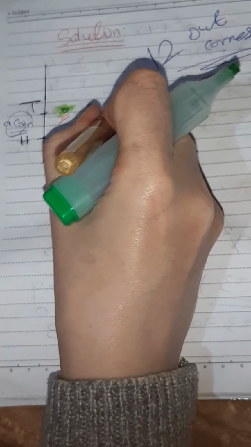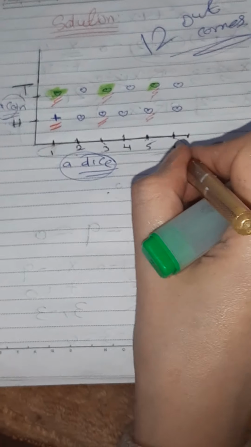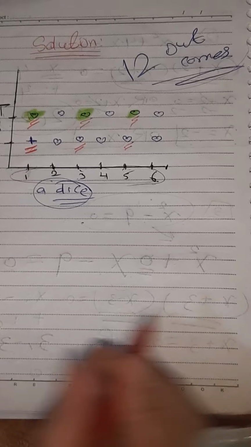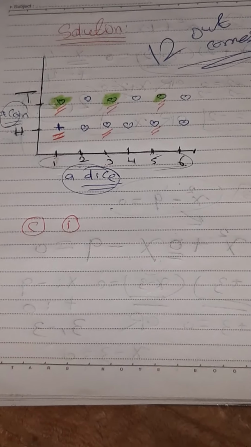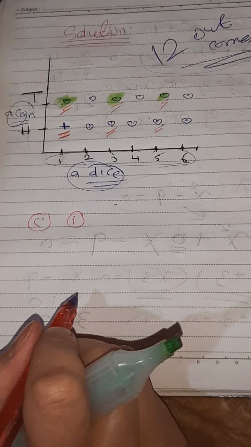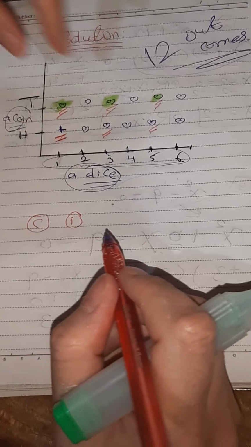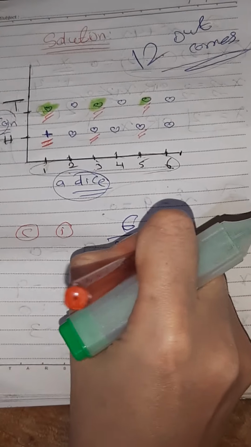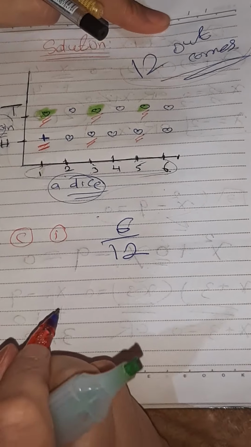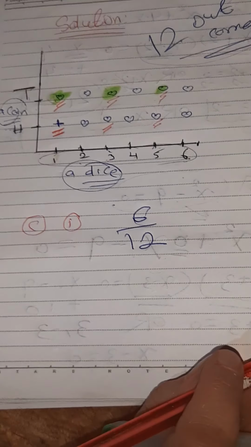Now, 3 with head, yes. 3 with tail, yes. 4, no. 5, yes. 5 with head, 5 with tail. 6, no. So here the probability of getting an odd number: how many outcomes? 1, 2, 3, 4, 5, 6. 6 out of 12. Why 12? Because there are 12 outcomes. So 6 outcomes from 12 outcomes.